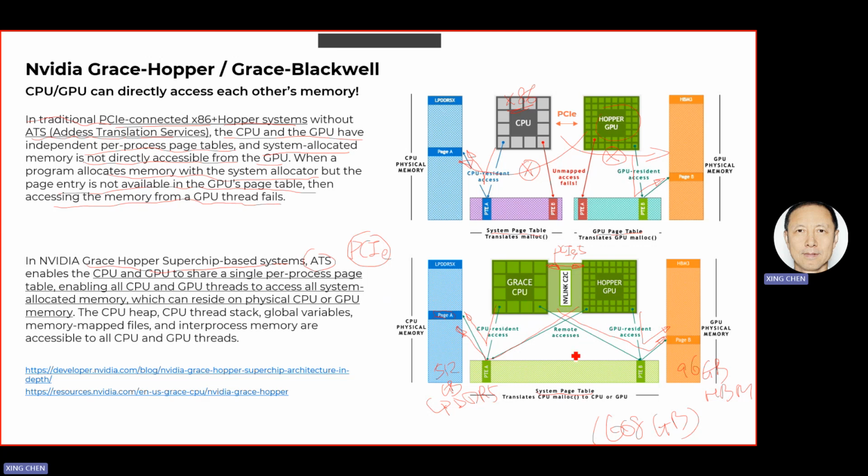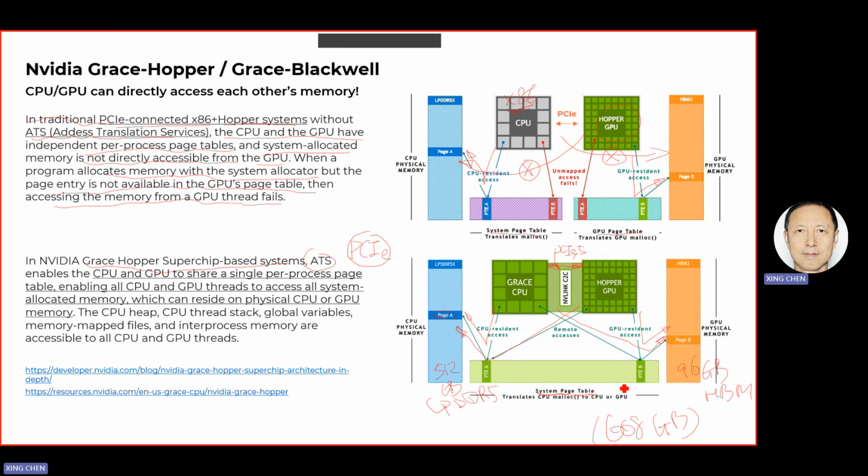This explains how ATS works, and here we are saying the Hopper GPU is going to consult this system page table to have this translation, because the translation is within this system page table.